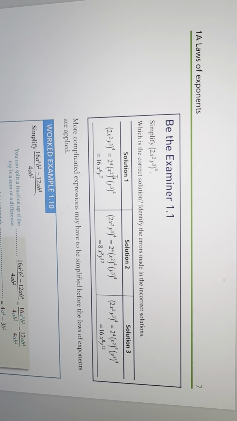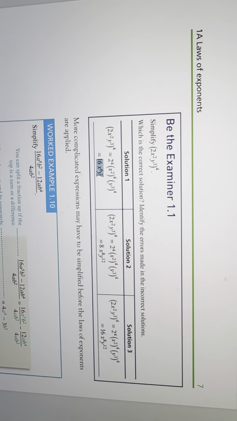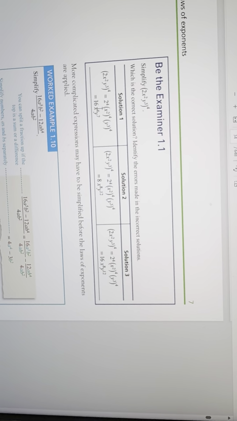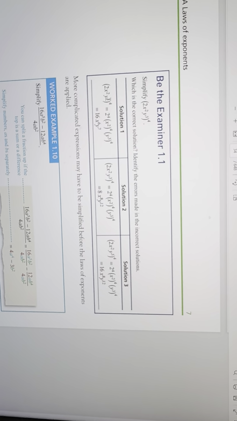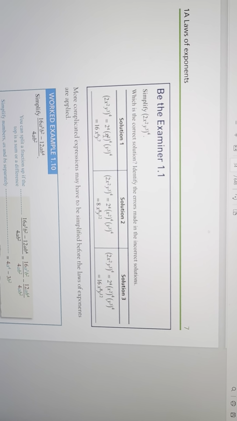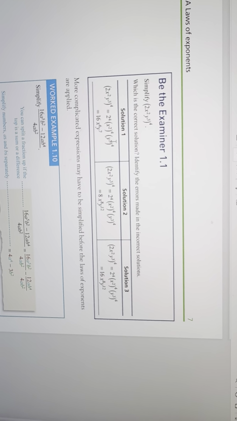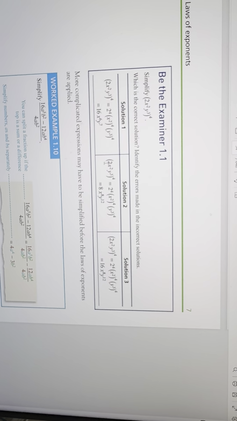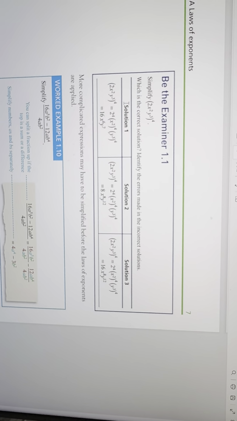The result is absolutely wrong, because a to the power of b to the power of c is equal to a to the power of b times c. So 2 times 4 should be 8, and 3 times 4 should be 12. So in solution 1, student 1 is a loser, he cannot go to university.